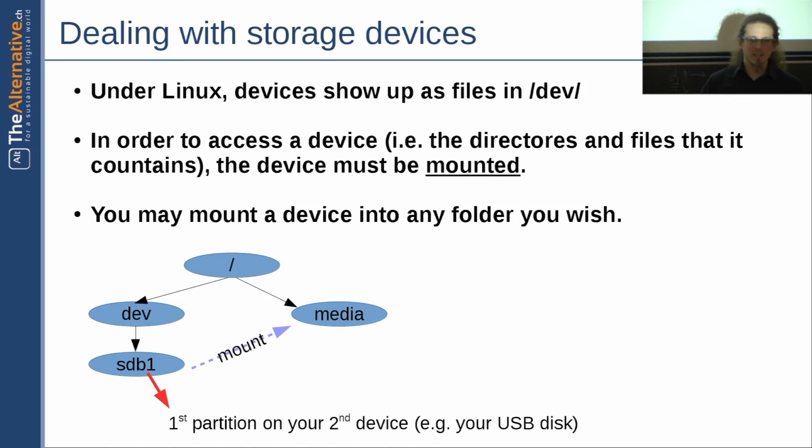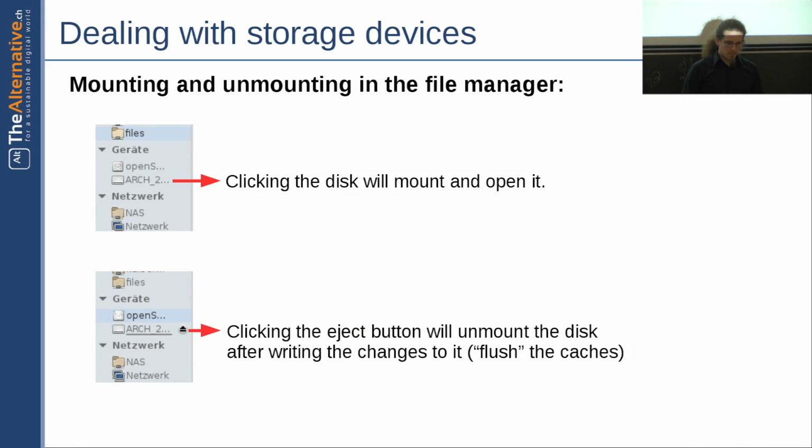You just plug it in, and then if you look inside this folder, you see what's on the disk here. If you plug in another disk, you can see through the same folder. This here is called media. You can see the contents of another part of your disk.